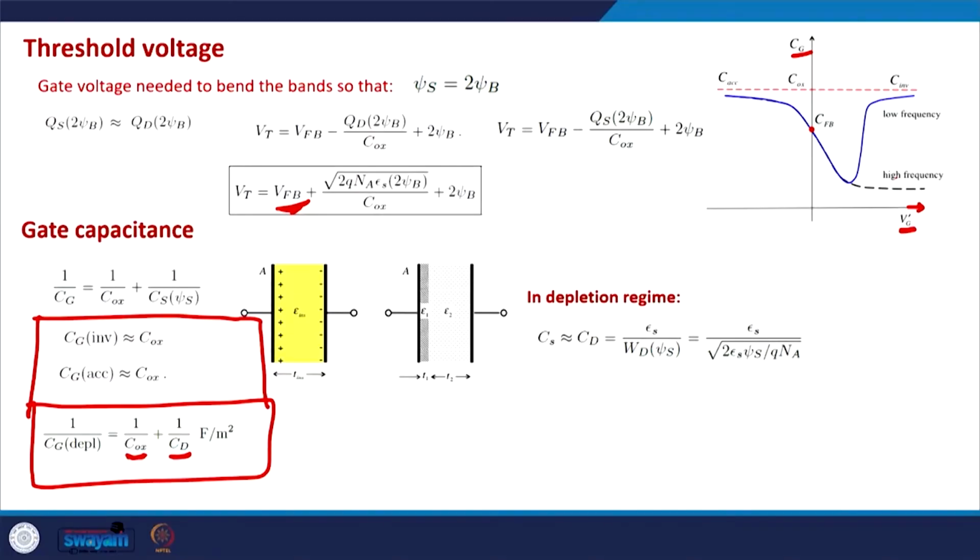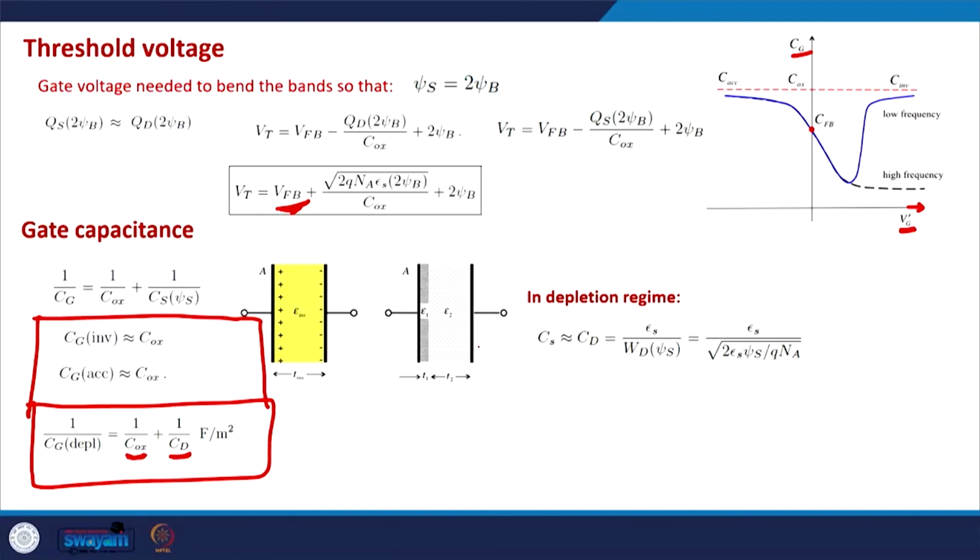In that case, if the frequency of the gate voltage is extremely high, then the semiconductor charge cannot respond to that frequency, because the semiconductor charge is made of the minority charge carriers, and for minority charges the rate of generation is limited by the recombination generation rate.